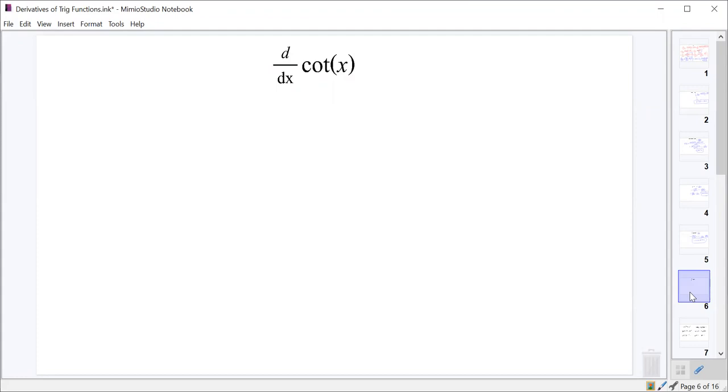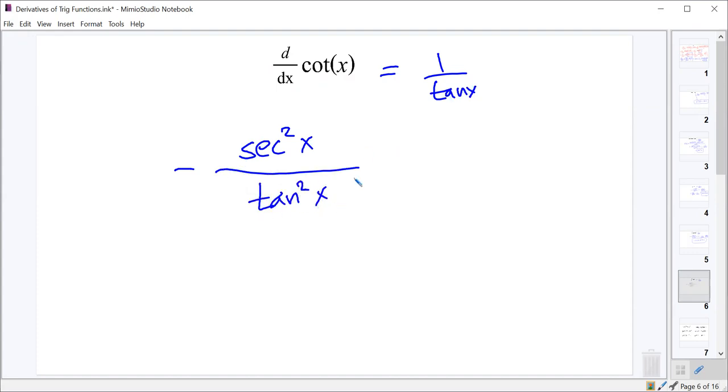One over tangent. All right, 1 over tangent x. So our derivative should be negative derivative of tangent over tangent squared. And that's not super simplified.